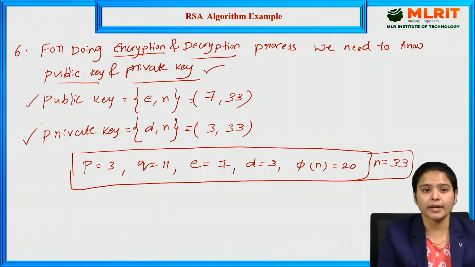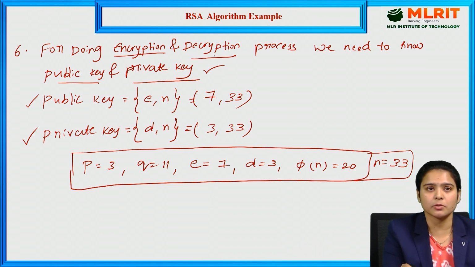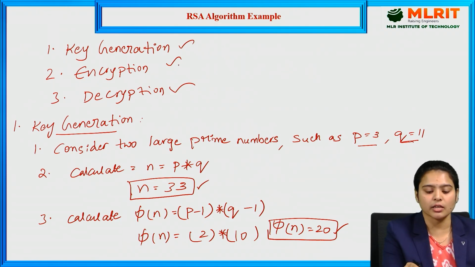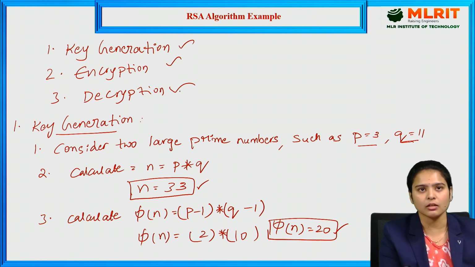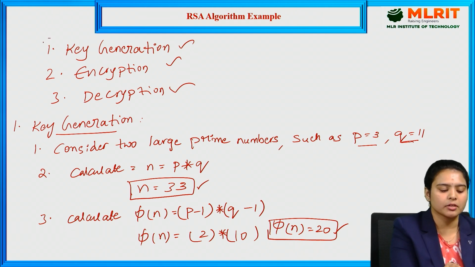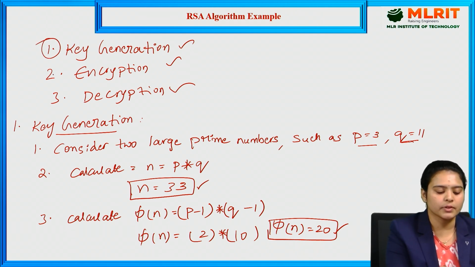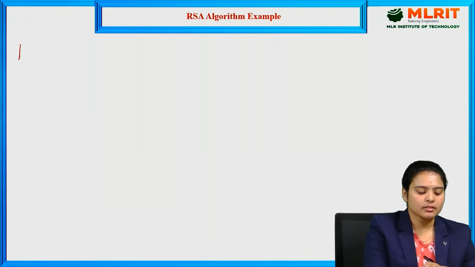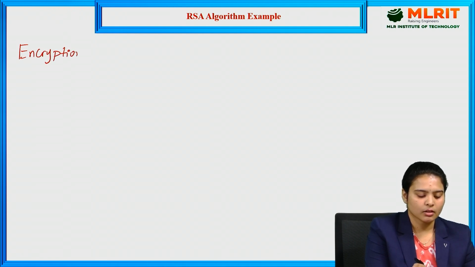Now we need to find out the encryption and decryption process. As we discussed about the key generation process, the second step is encryption and the third step is decryption. We have already completed the first process, so now we see the second and third processes. Next is the encryption process.